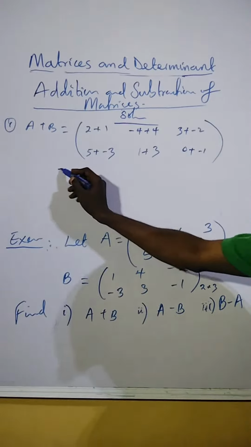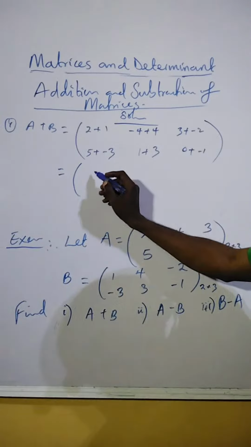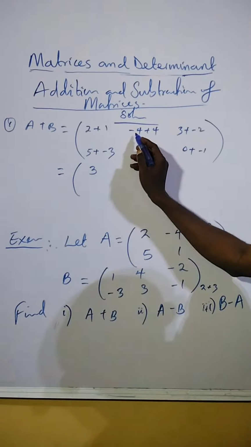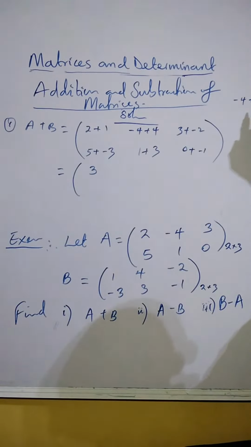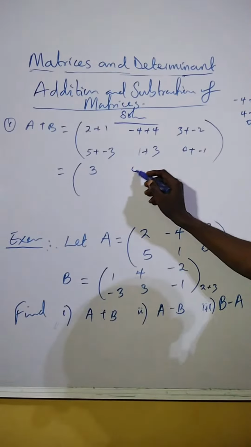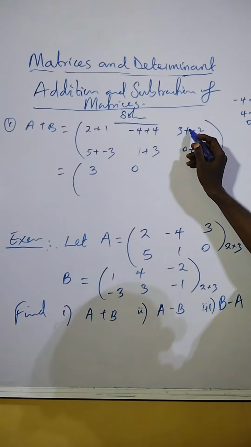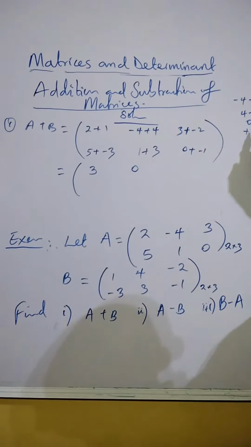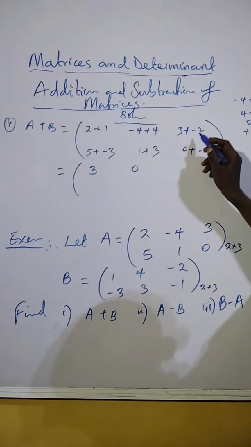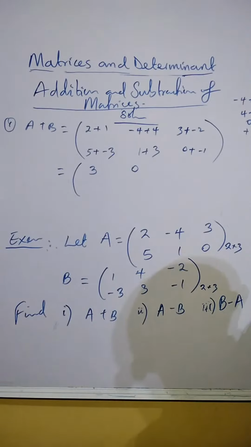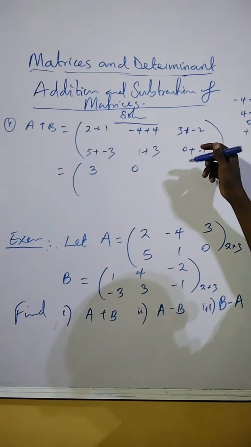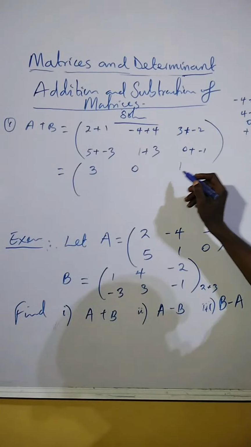Then we can finalize the answer here. 2 plus 1, that's 3. Minus 4 plus 4 is the same thing as 4 minus 4, that's 0. 3 plus minus 2: when you have plus times minus, two different signs give us minus, so 3 minus 2, that's 1.